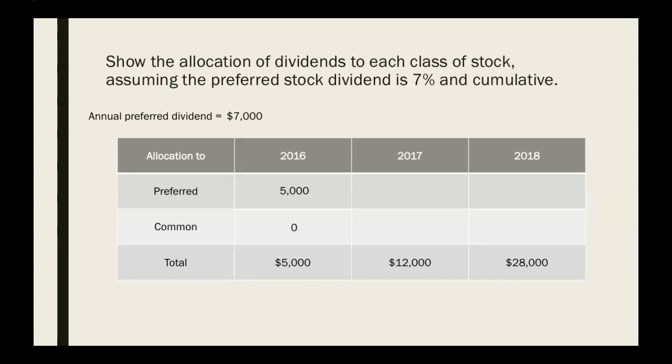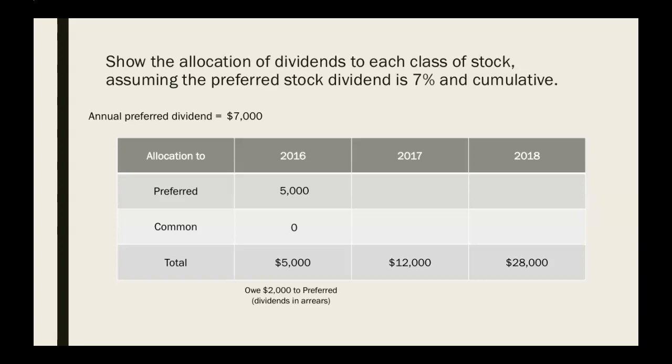Now, that means that we owe $2,000 to preferred shareholders, right? Because they're supposed to get $7,000 every year. We only paid them $5,000 this year. So we owe them that $2,000 difference.